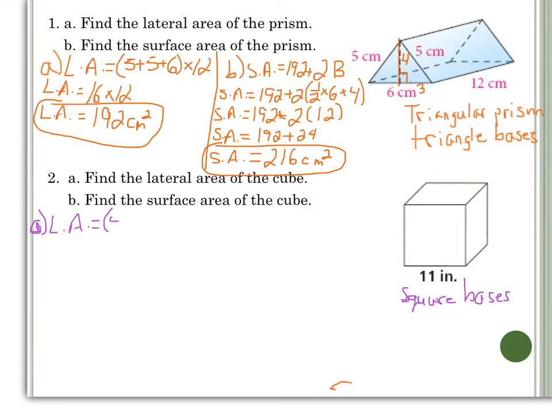So there are 4 sides, and they're each 11 inches, times the height, which again is 11 since it's a cube. All our sides are congruent. So our lateral area, 44 times 11, or 484 inches squared.